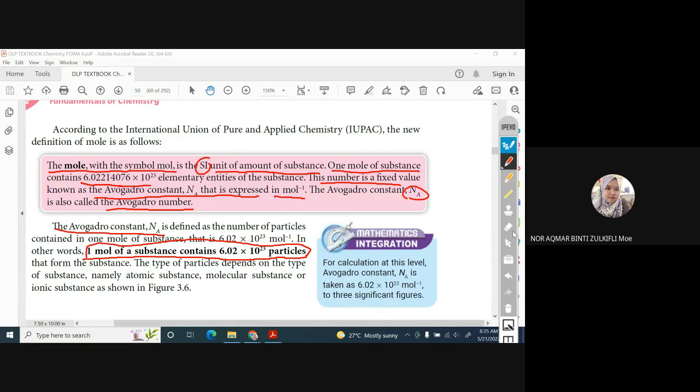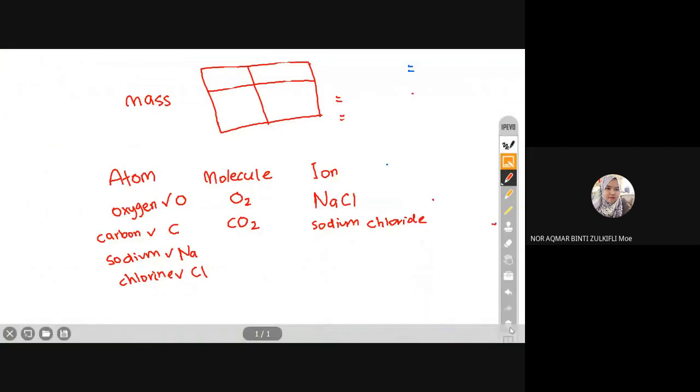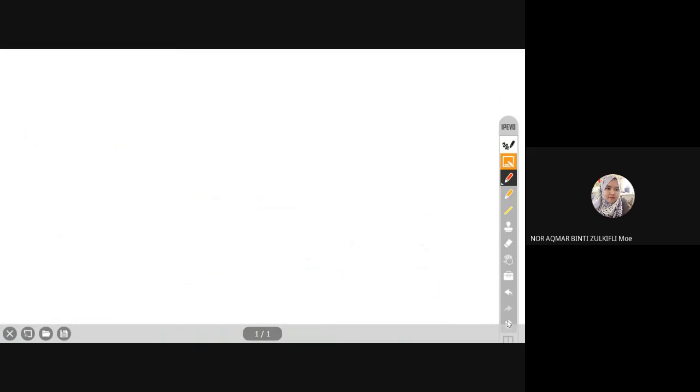Means you need to understand Na. This is the symbol of the Avogadro constant. Why Avogadro? Because the person who came up with this formula was Avogadro. If Yap Huai made this formula, it would be the Yap Huai constant.